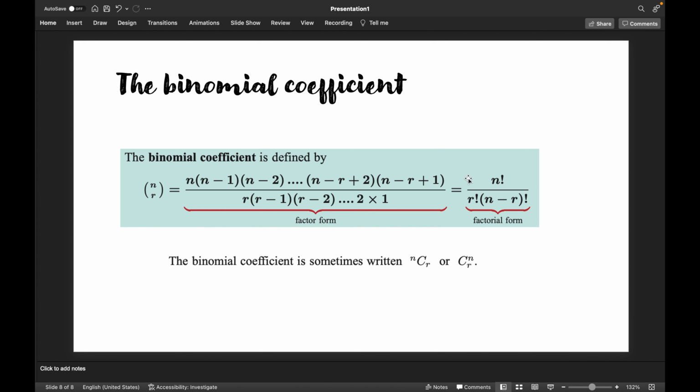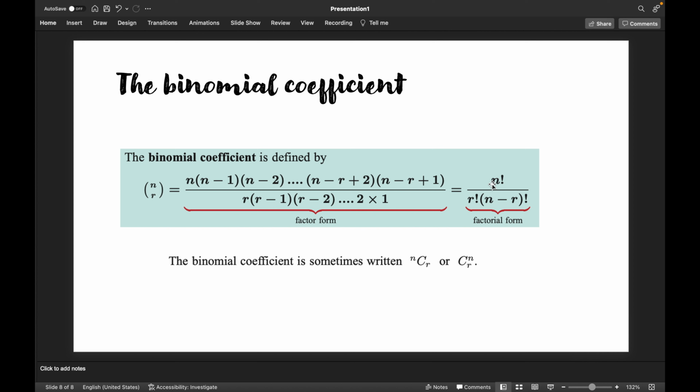And this is defined as n factorial divided by r factorial into n minus r factorial. This is something you'll have to remember, but there is also a function on your calculator that you can use. Either way, it's good to remember this because there are certain questions that ask you to expand this without using the calculator. They will tell you to prove something, and therefore you'll have to know the expansion.